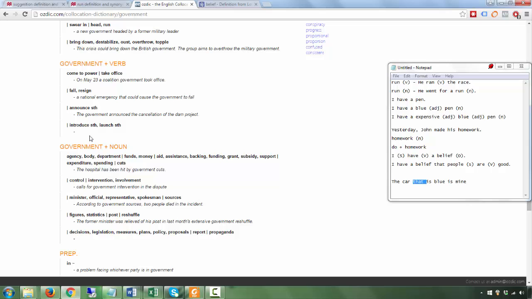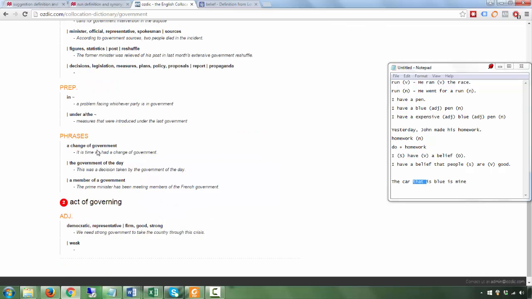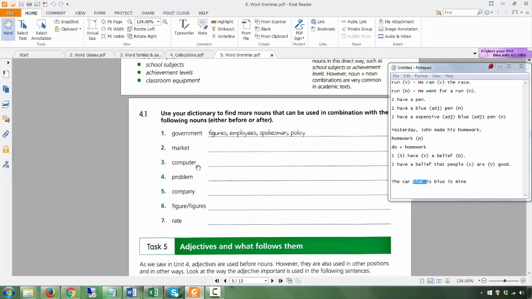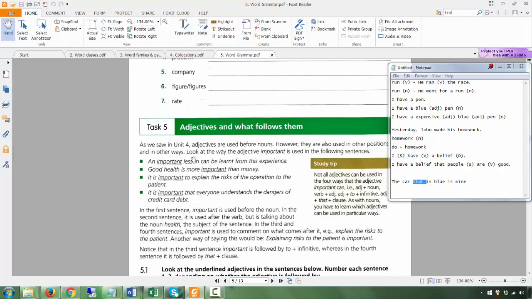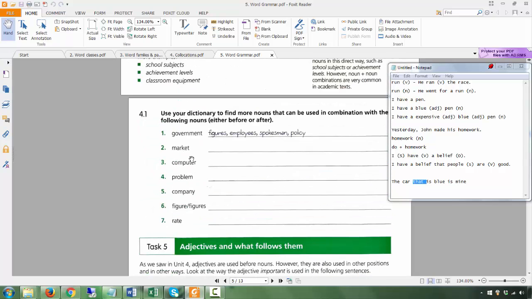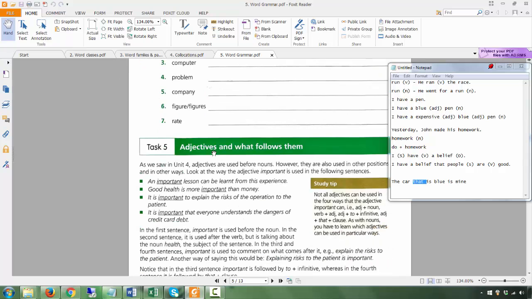You have a noun after government. You could have a noun before government. You don't really have nouns before government, but just go to OSDIC again. You could try to find other noun combinations. I would say this is more like a collocation rather than the word pattern. But anyway, then you have adjectives.